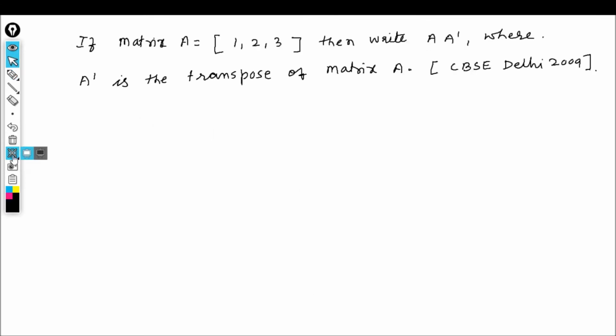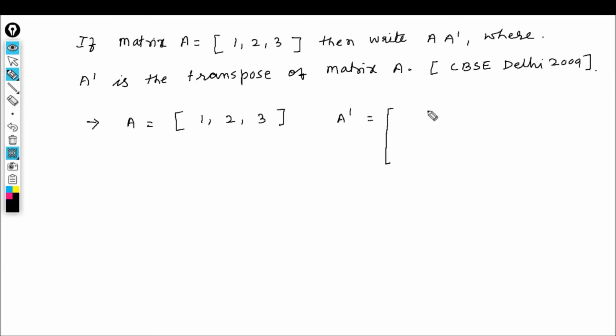बच्चों एक क्वेश्चन देखते हैं, one more question. If matrix A is equal to 1, 2, 3, then write A dash, where A dash is the transpose of matrix A. तो देखिए बच्चों, let us calculate here. A is equal to 1, 2 and 3. तो ट्रांसपोज ऑफ मैट्रिक्स बोले तो क्या है बच्चों?